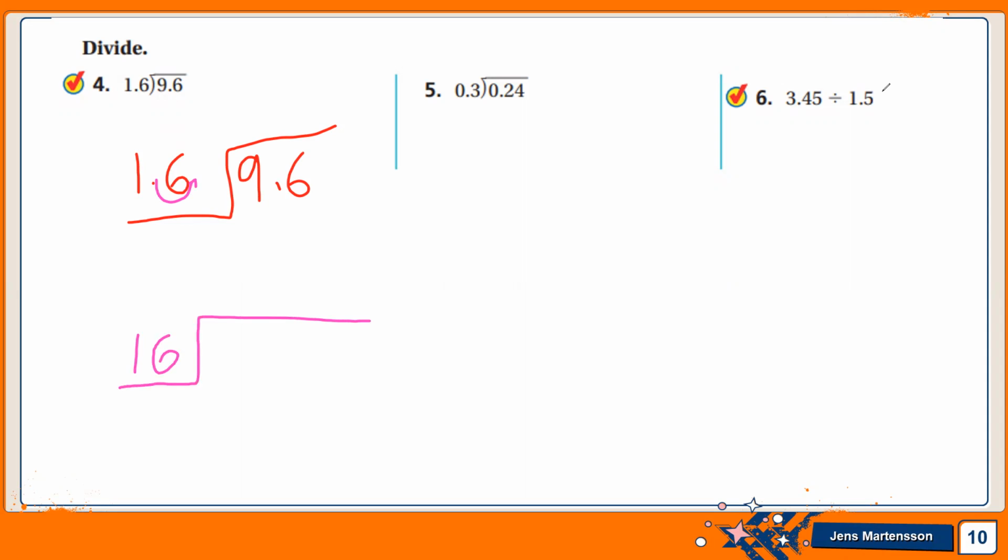Then in the dividend, how many digits you will move it? 1 digit. Bravo. So how it will be now? 96. Thank you. Yeah, then continue.